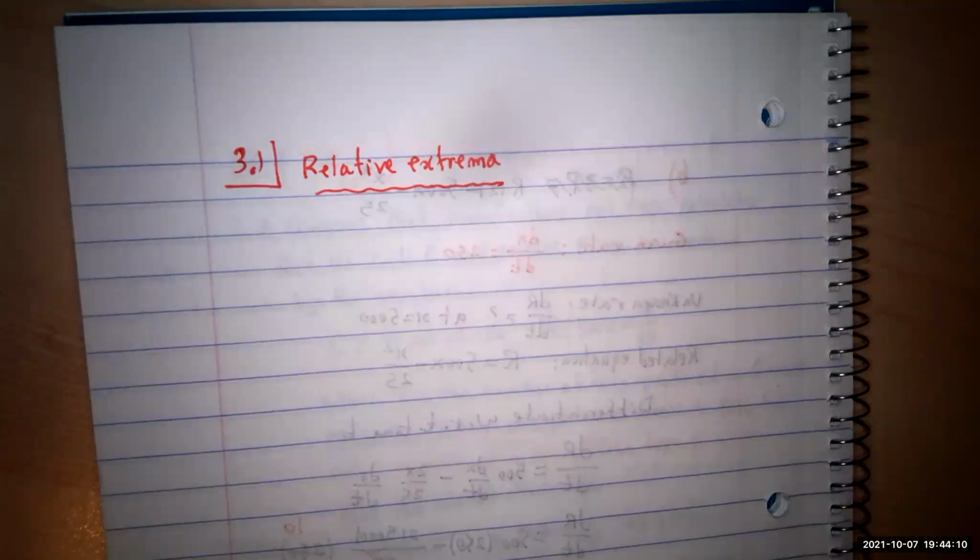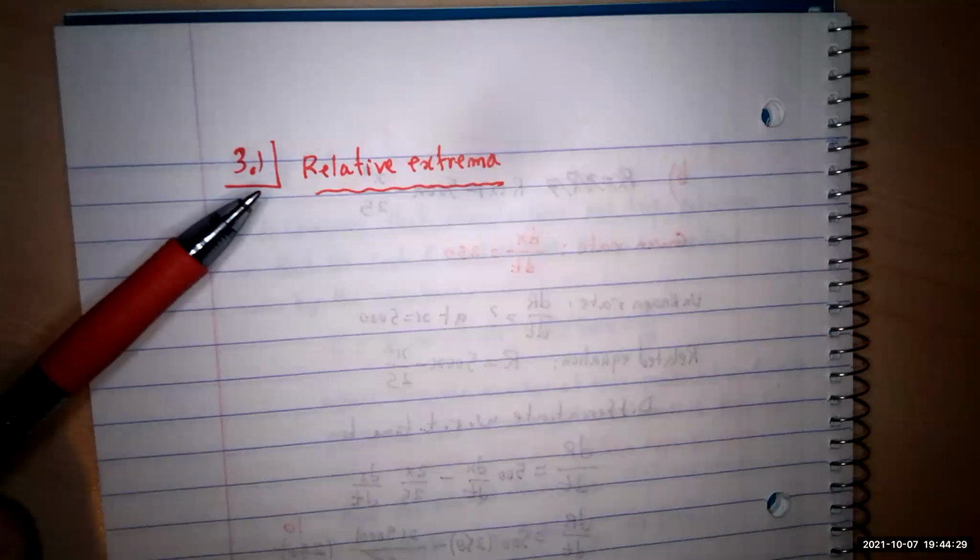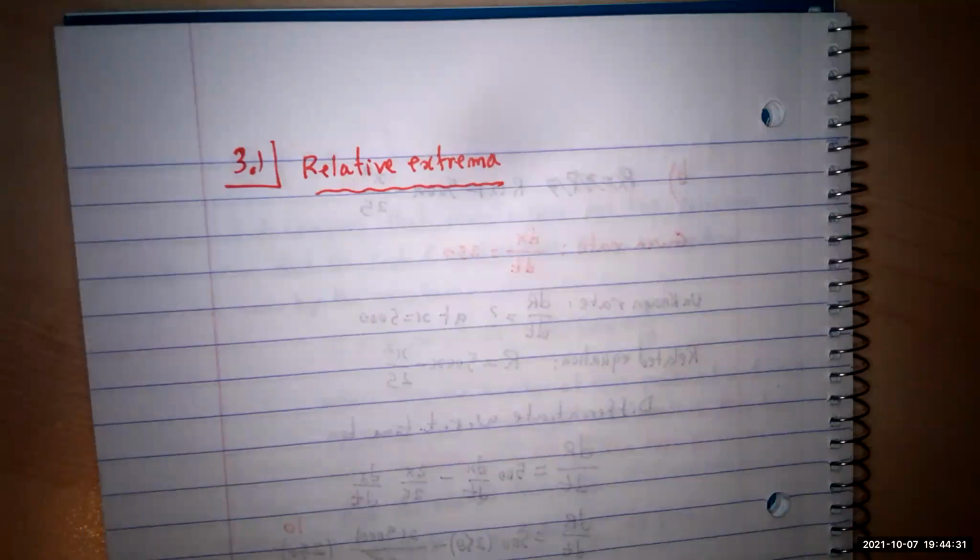But if you talk about the maximum value of a house in the entire country, in that case, you are talking about the entire domain. If you do it in the entire domain, we refer to it as the absolute maximum. So there's going to be a relative one, which is local, and there's going to be one which is absolute. And it's going to be the same for the minimum.